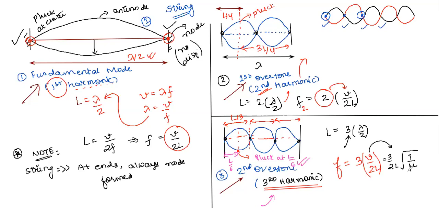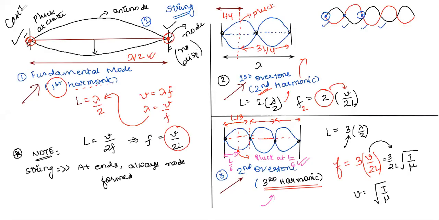Why, sir? Because here the wave is traveling in a string, and in a string, we had learned that velocity is given by under root of T by mu. Are we clear with this, Atul? Yes, sir. Okay. Great.